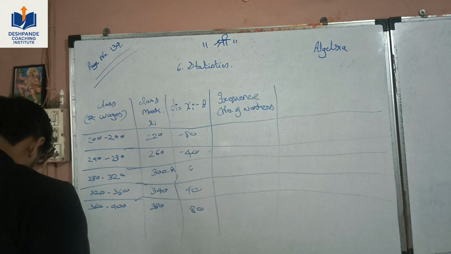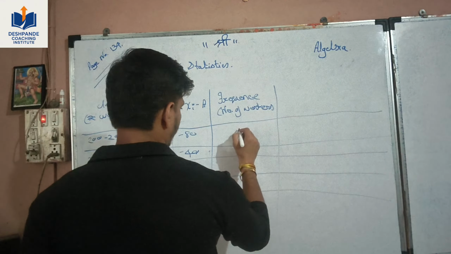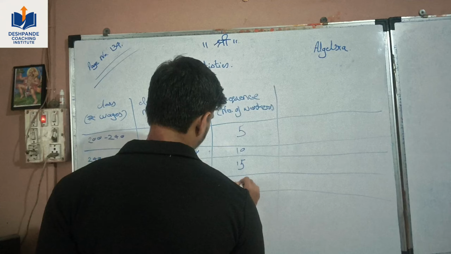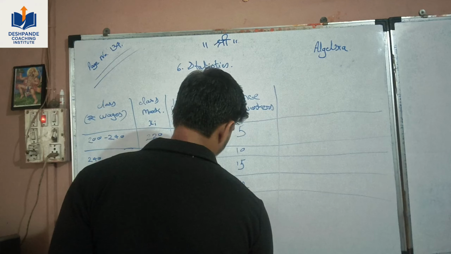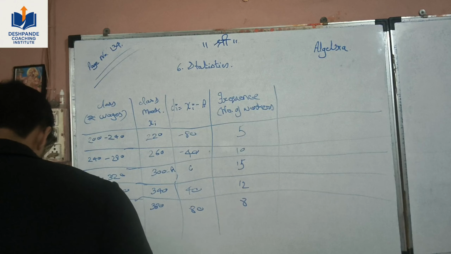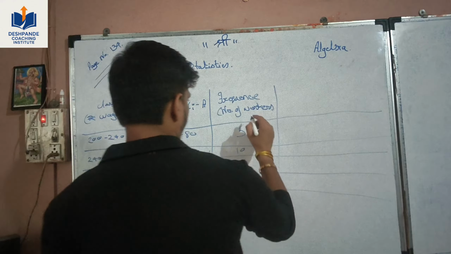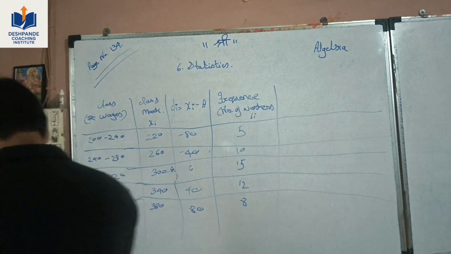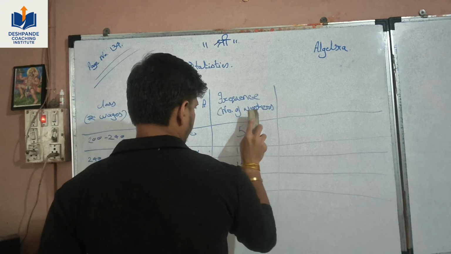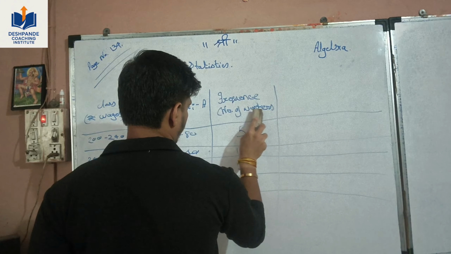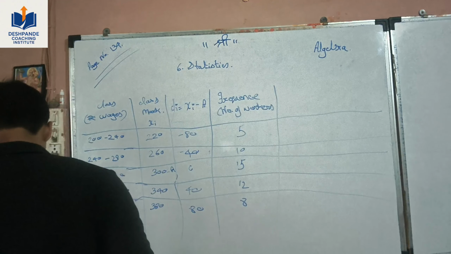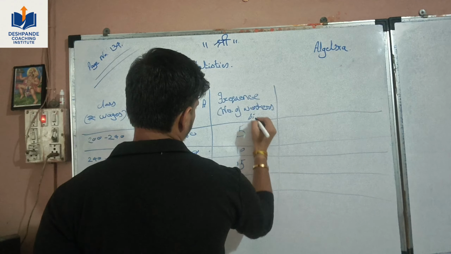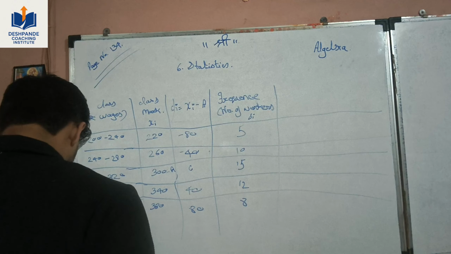What are the frequencies? 5, 10, 15, 12 and 8. So frequency is denoted by Fi. I will write here Fi.